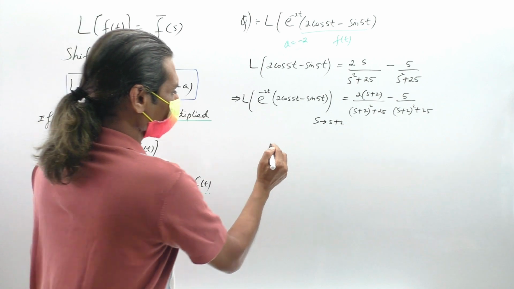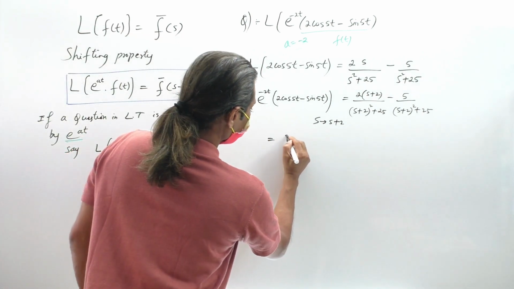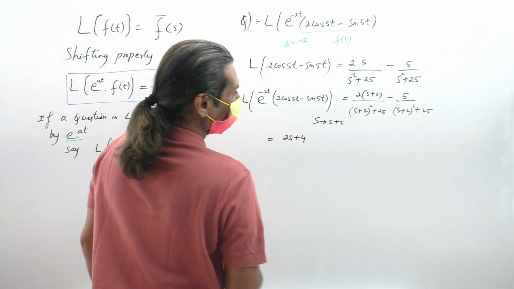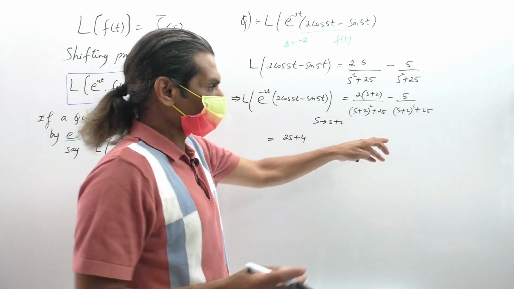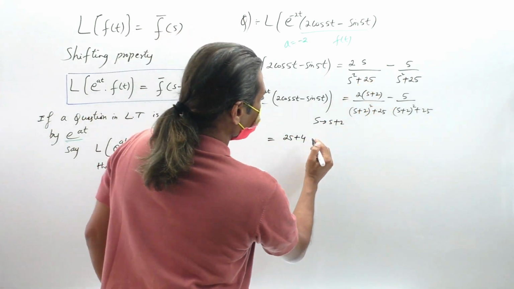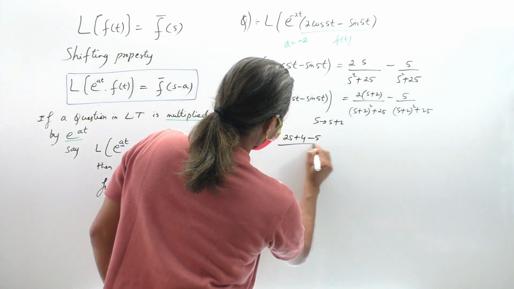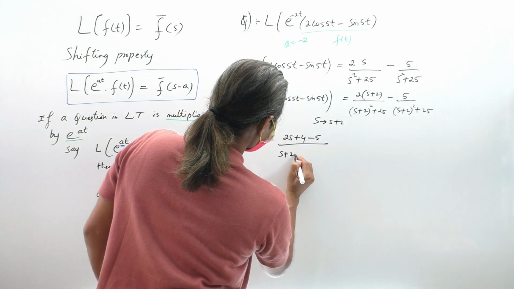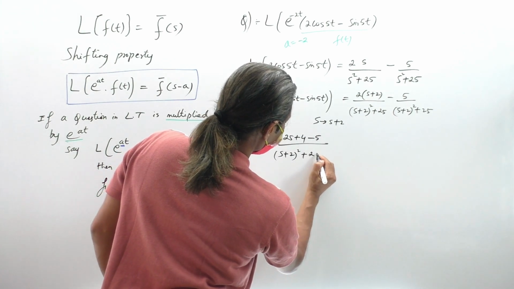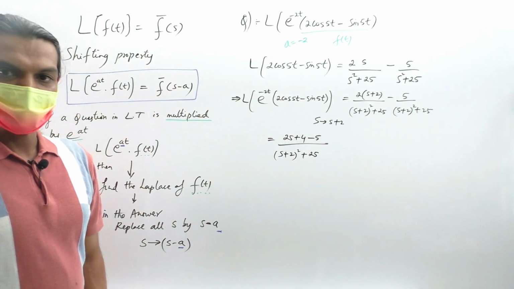So let's simplify this now. This will become 2s plus 4. The LCM is the same here because both have the same denominator. I take 2s plus 4 minus 5 whole divided by s plus 2 the whole square plus 25, right?